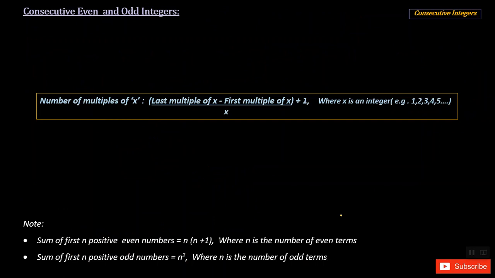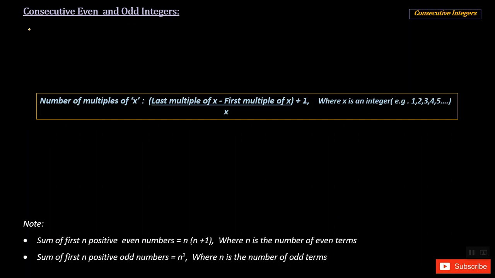Other common question what you expect here is based on consecutive even and odd integers. As we know, the even numbers or even integers are the number which are multiples of 2, right? So same thing, the consecutive even numbers are the even number which follows one another.